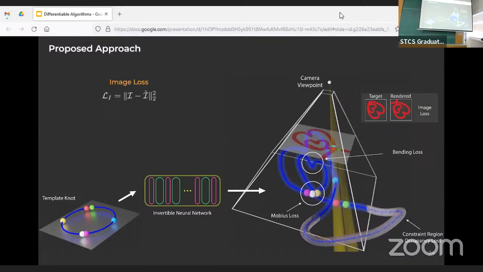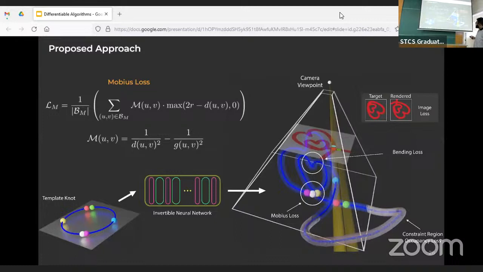The first one is image loss, where the rendered image is compared with the target image, and the L2 norm is the error. The second is length loss, where if the length is exceeded, we add a penalty. If the length is greater than the maximum limit, it is penalized. It's considered as loss.